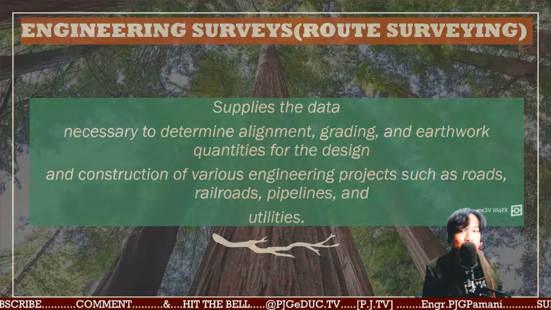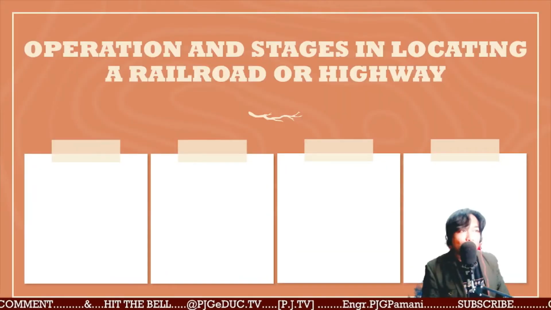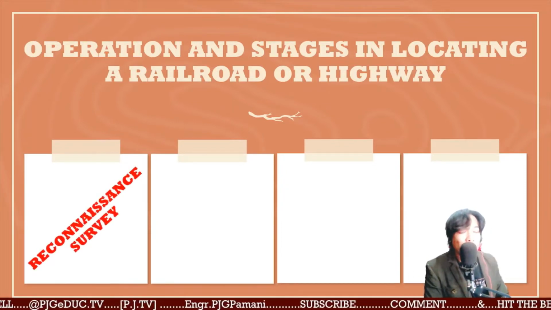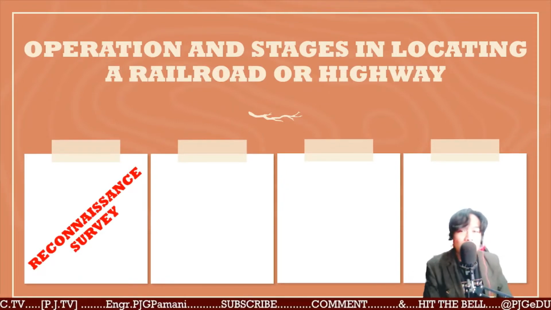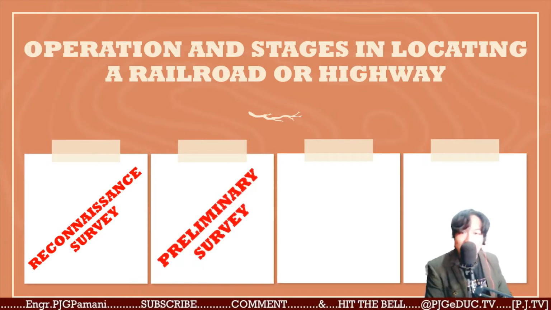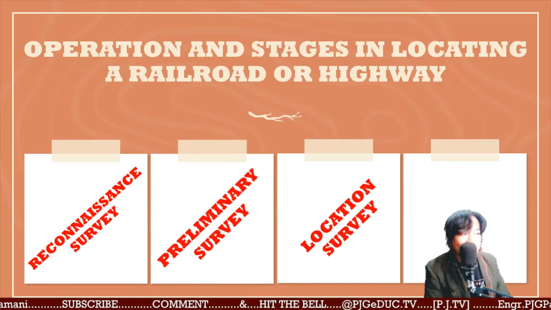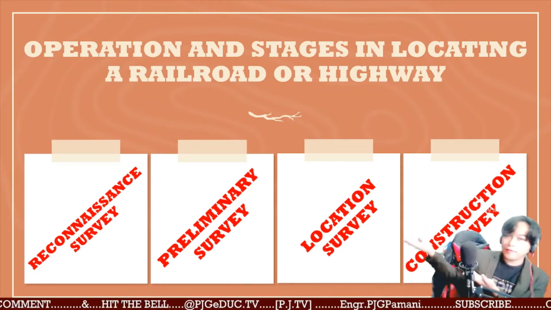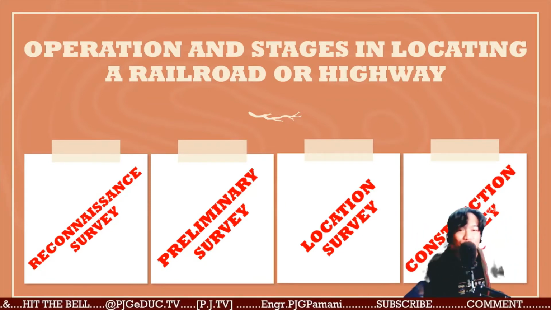In this module, we will cover the operations and stages in locating a railroad or highway. First is the reconnaissance survey. Second is the preliminary survey, then the location survey, and lastly the construction survey.